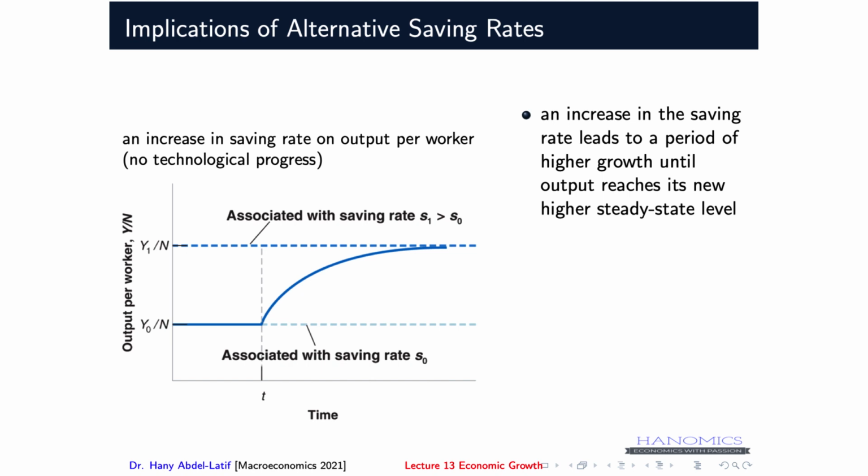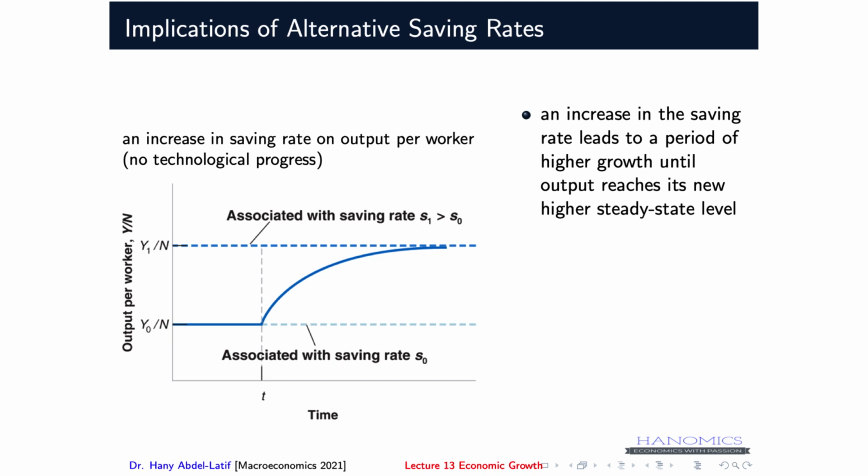And if that was combined with a change in technology, so in this case, we assume there's no technological progress. So what we see in this slide is the effect of an increase in saving rate on output per worker, assuming no technological progress.